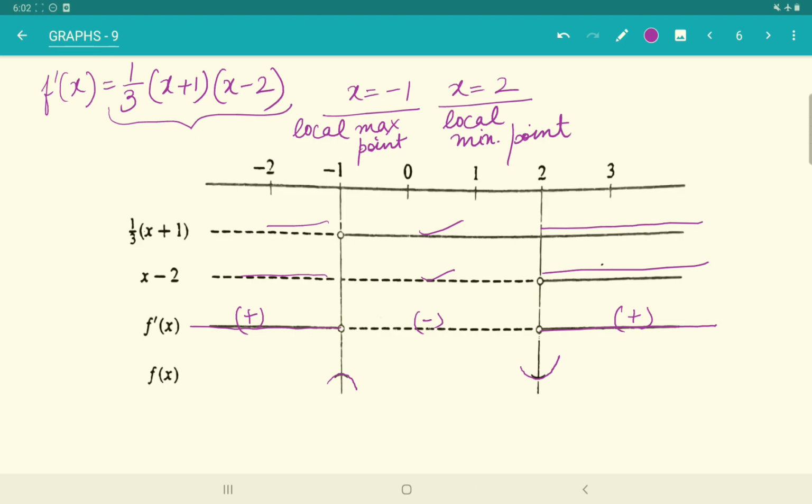We have taken the help of the sign of the first derivative to the left of the stationary point and to the right of the stationary point, and that's how we have deduced whether our stationary point is a local maximum or a local minimum or neither. In this case, where we have two stationary points, one turns out to be a local maximum point, the other turns out to be a local minimum point.